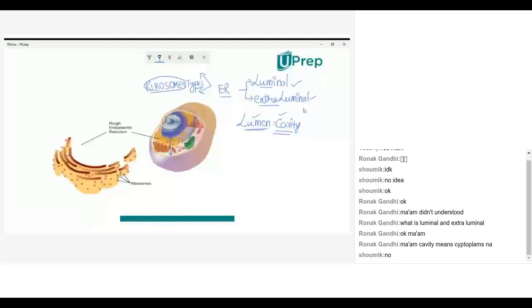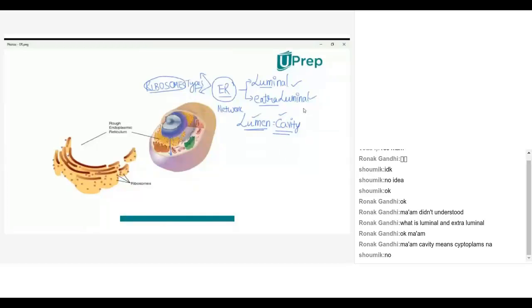Clear, Ronak? To the remaining students, any doubt with this word? Terminology is very important in biology, students. Don't get confused. If you have any doubt, let me know right now. I'll just repeat the whole part again. When you take the endoplasmic reticulum structure, it is a network of different parts.